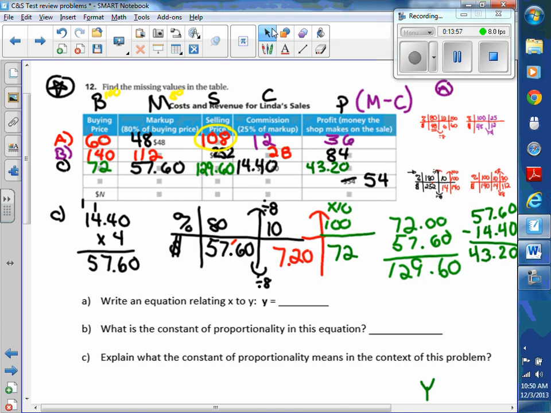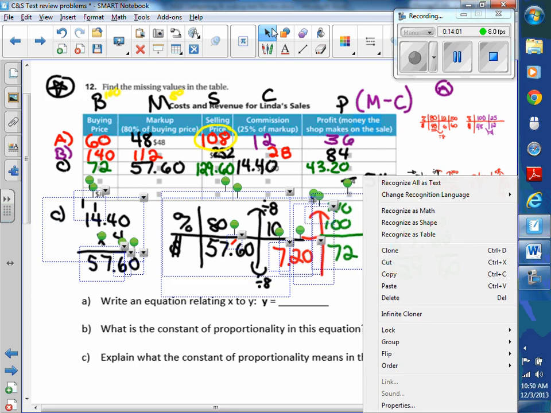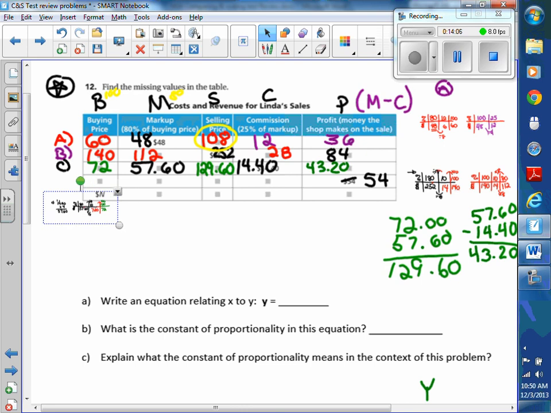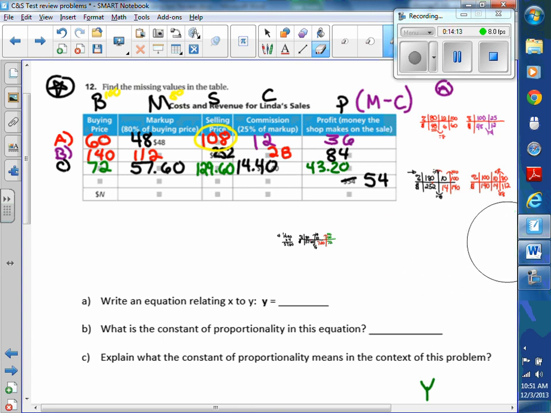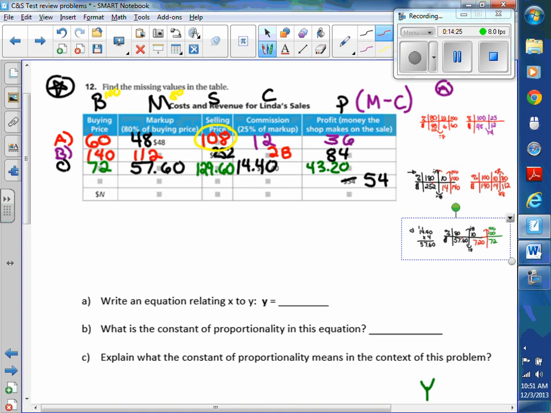Okay, so I'm going to shrink this up. And so this next part, it's starting with the profit. Good. Yeah, Joe. Remember what I did? Yeah, what'd you do?